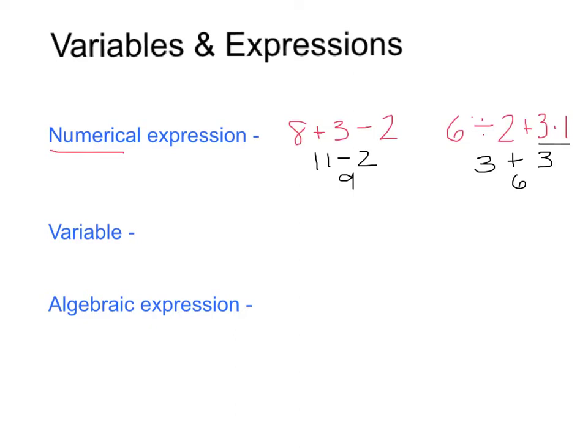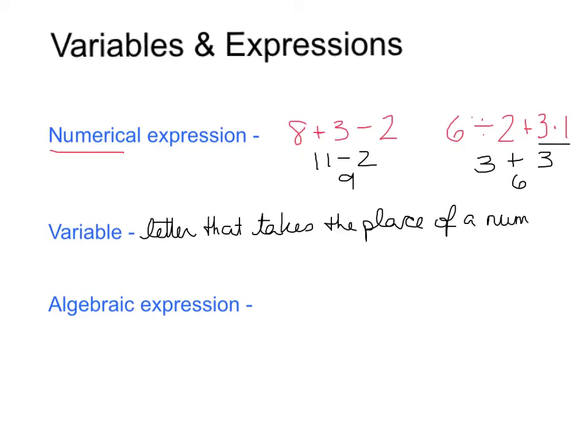In this section, we're going to begin looking at variables. Variables are basically a letter or symbol that takes the place of a number. And I can plug in different values or substitute different values for this variable.